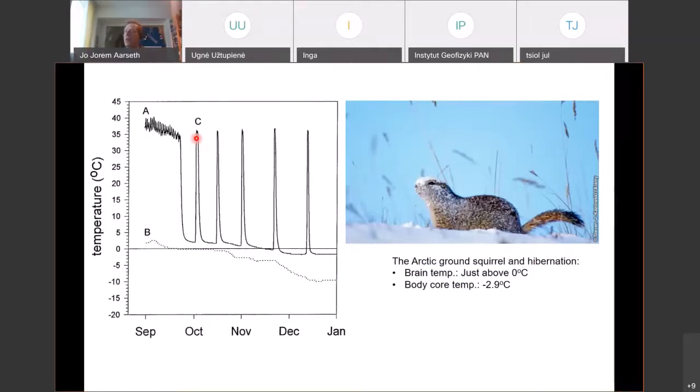It doesn't destroy the cells. And during hibernation, it has 1 heartbeat per minute. No ice formation in the heart. When I said ice formation, it's actually in the digestive system, not around the digestive system. It's only in the digestive system that you have ice.